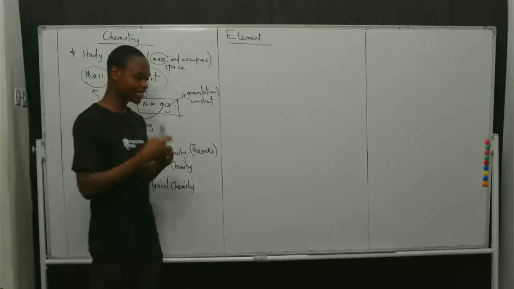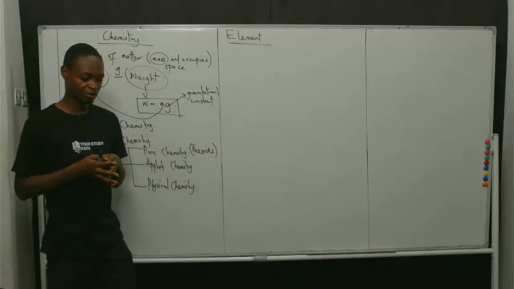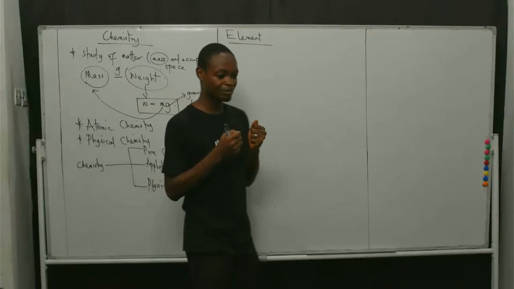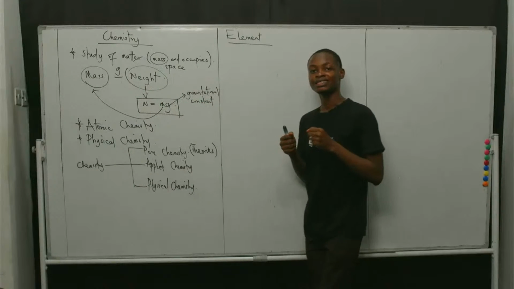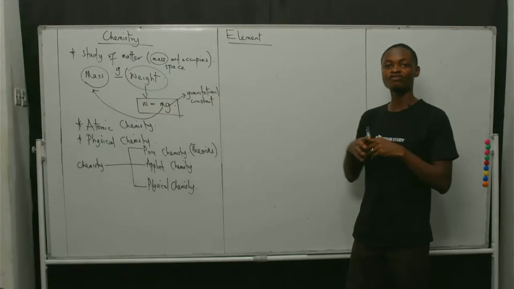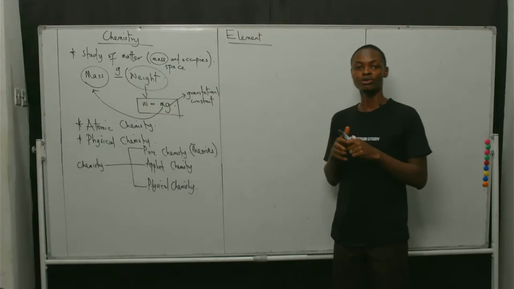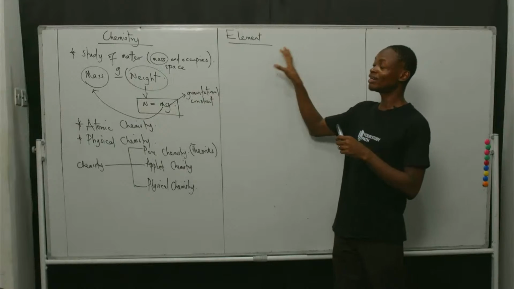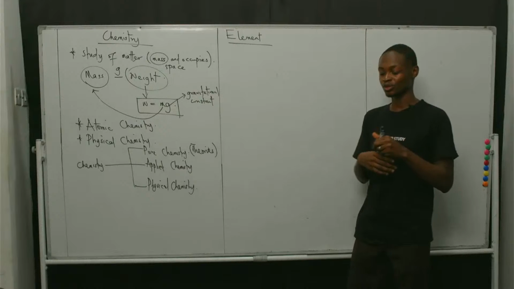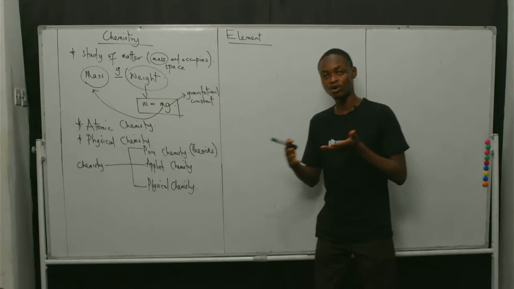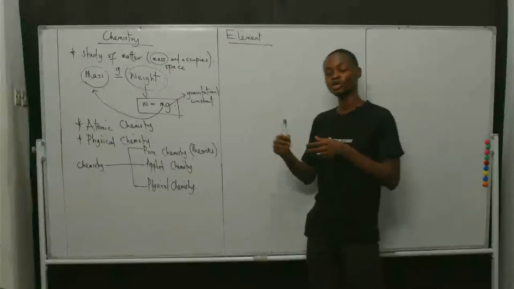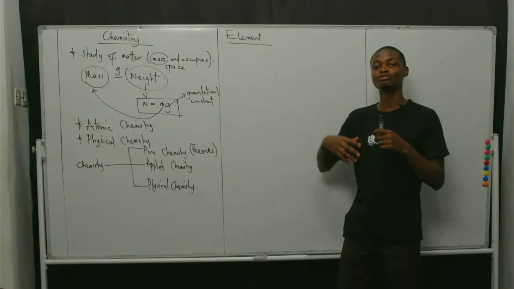When we talk about the elements in chemistry, we are talking about that fundamental term that extends to every other thing that we talk about. Now, the element is very important because from the elements we can combine them to form compounds, we can combine them to get mixtures.